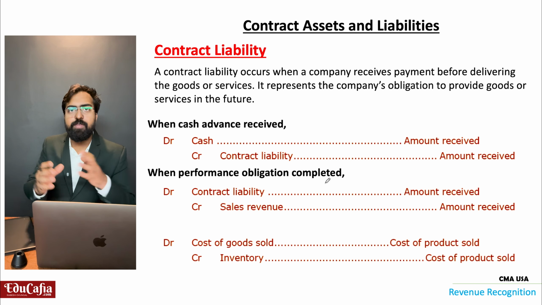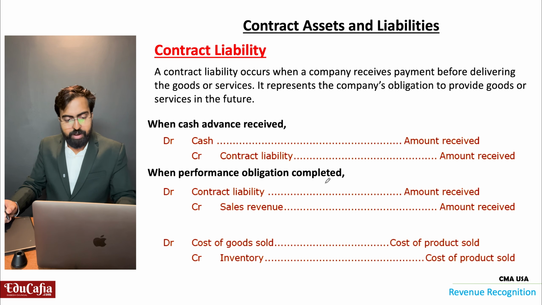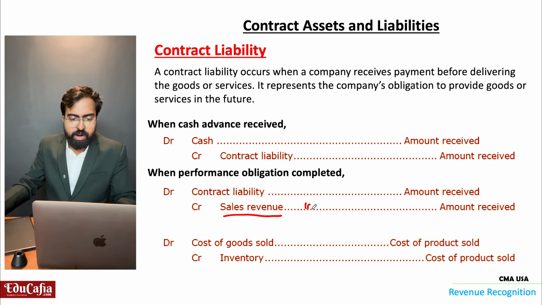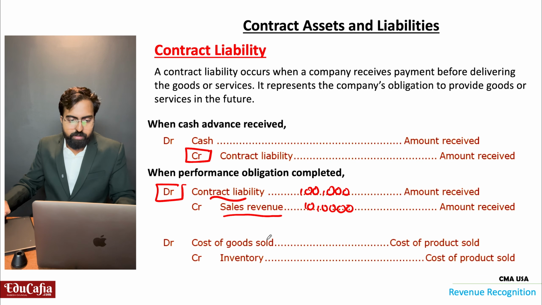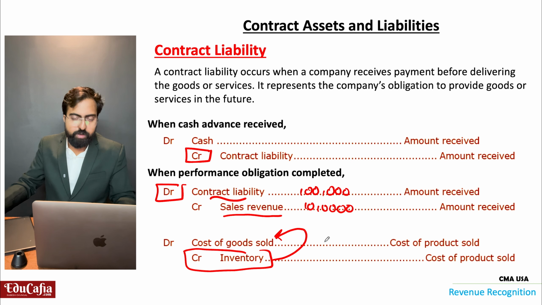So after fixing the TV and everything, I can consider it as sales revenue 1 lakh rupees, and whatever is there in the contract liability as credit, I will debit it 1 lakh rupees. At that time, from inventory it will go to cost of goods sold. If it is 17,000, 17,000 will go to cost of goods sold.